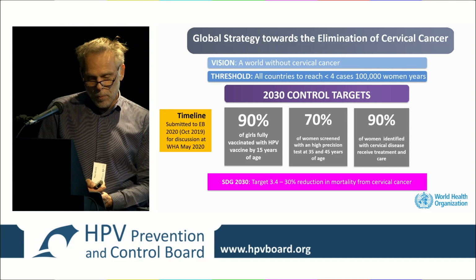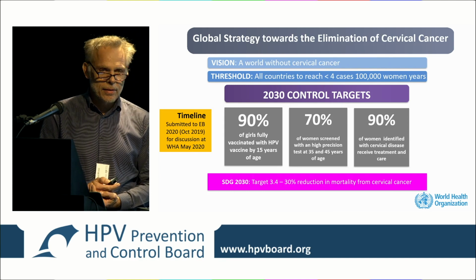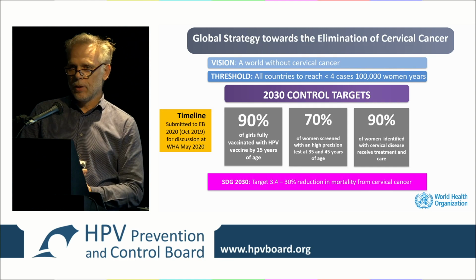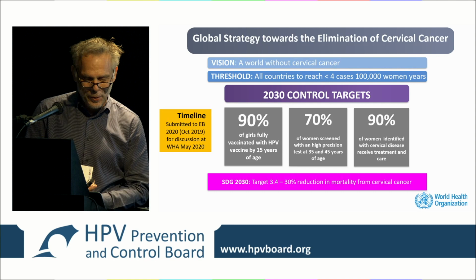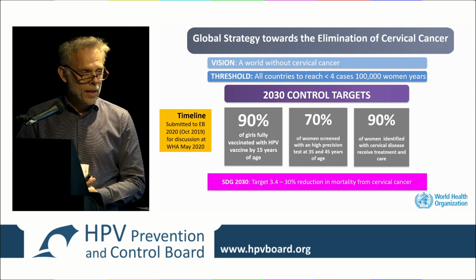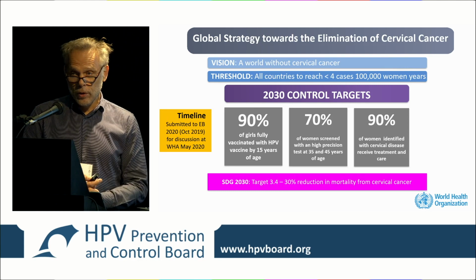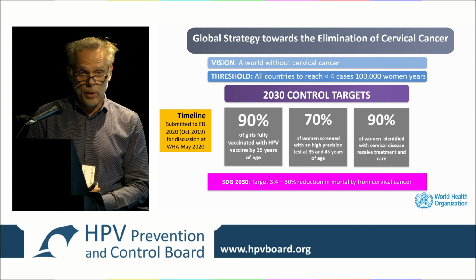Ludmila just said, and Eduardo said yesterday, the world has decided on this elimination. Well, we haven't decided yet. It's going to go to the executive board now in January, and in May, all your policymakers and those from Africa and Asia will come together and decide, shall we accept this?